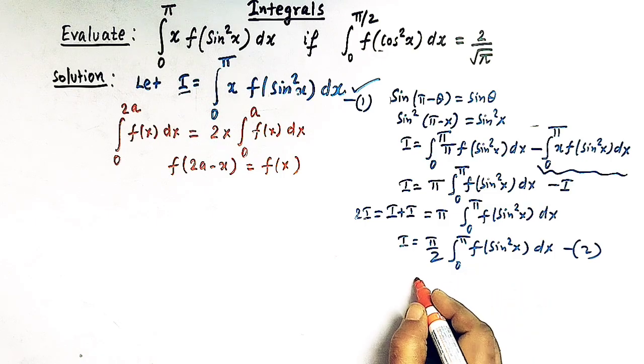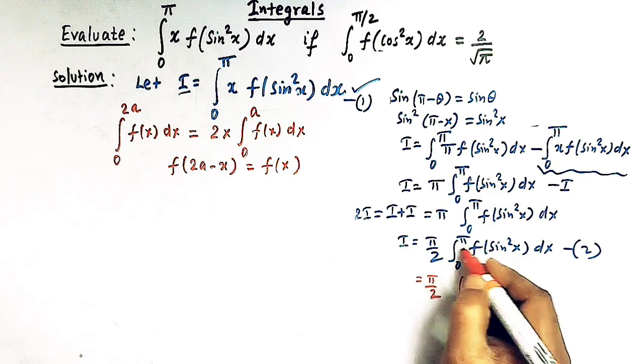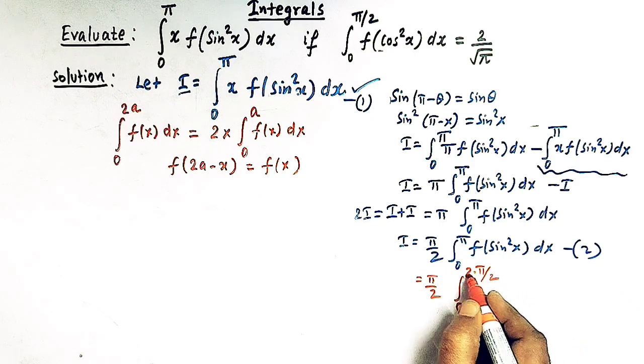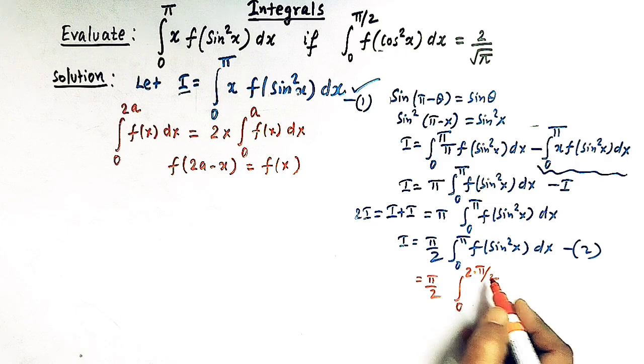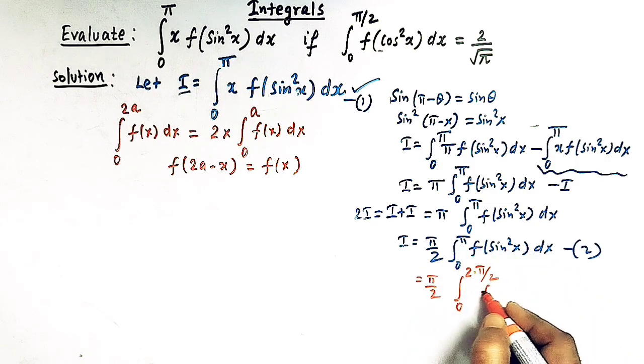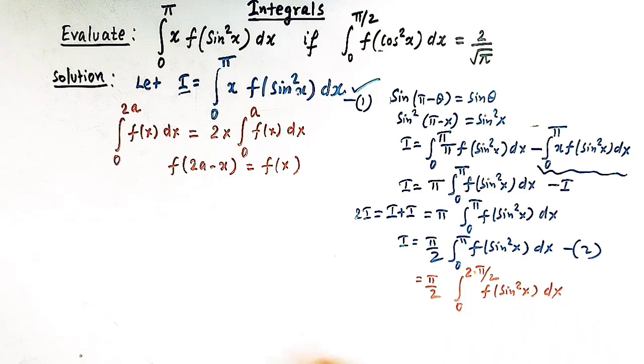So let us write this integral as 0 to pi, so we can write 2 times pi by 2, because this 2 and this 2 get cancelled, and we are again left with pi, and here we have f of sine square x dx, right?